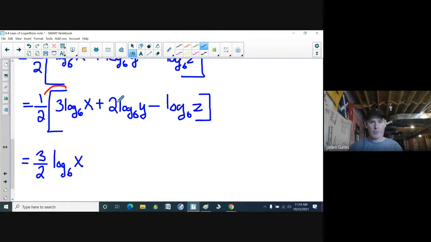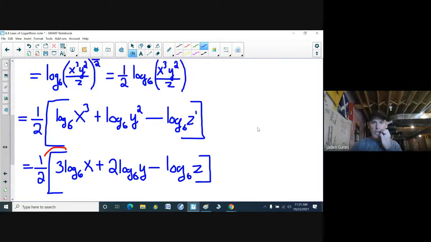And then 1/2 times 2. Well, half of 2 is 1. So I'm just going to have plus log base 6 y there. And then 1/2 times minus the log. So that would be minus 1/2 log base 6 z. And there we go.